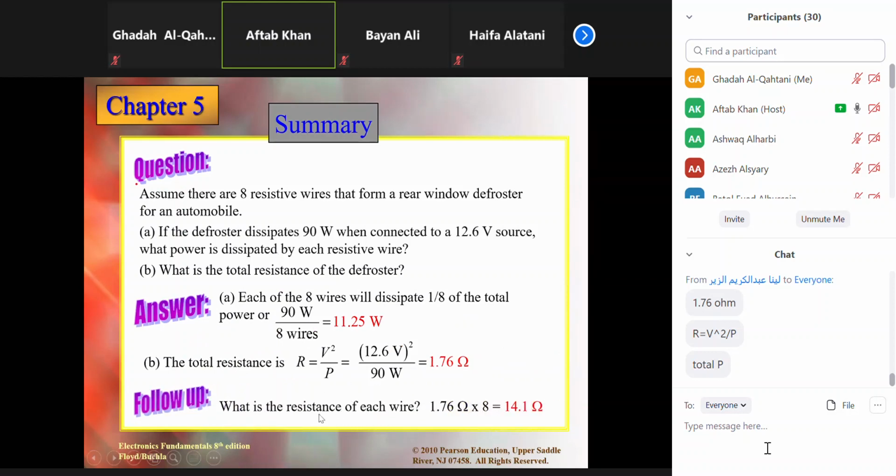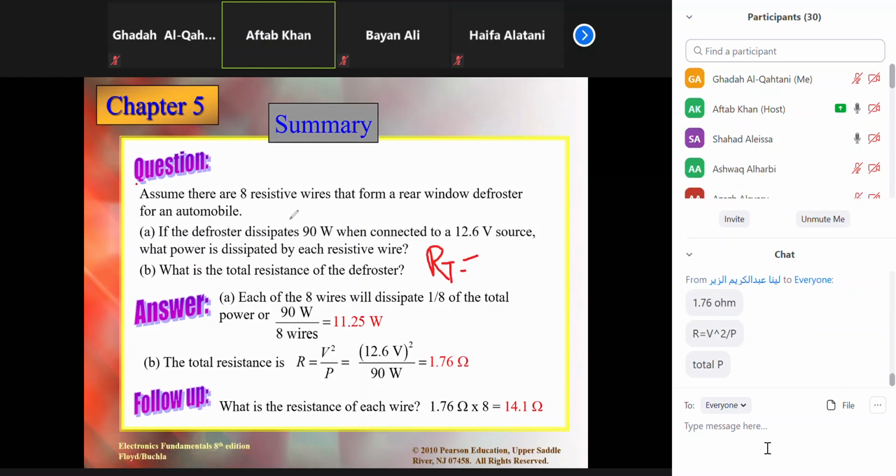And what is the resistance of each wire? You calculated the total resistance. Similarly, we can also get the individual resistance. So which formula do we need to use in order to calculate the individual resistance? As I told you, all resistances are of the same value. Do you remember this formula? Yes.